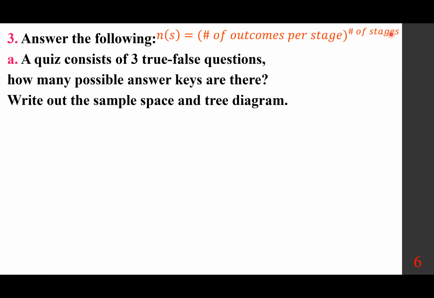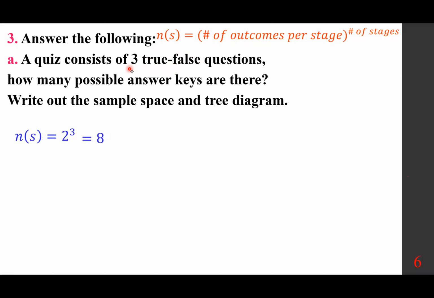Remember, each stage, that means each true-false, has only 2 outcomes. How many stages, how many questions do we have? 3 questions. So the answer is 2 cubed, which is 8.